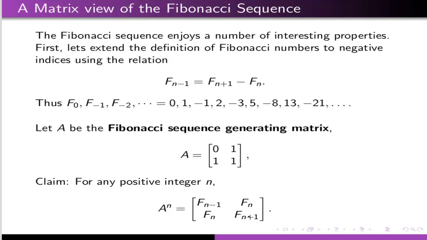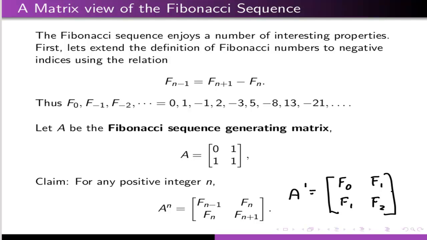So for instance, A to the first power, according to this formula, should be F0, which is 0, F1, which is 1, F1 is 1 here, and F2 is 1 right there. So we have agreement when n equals 1.